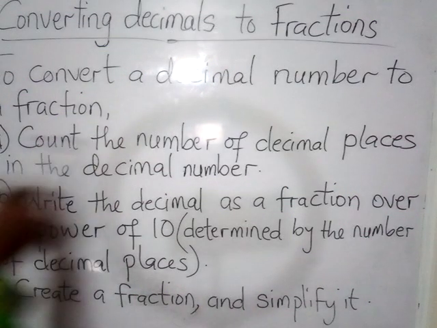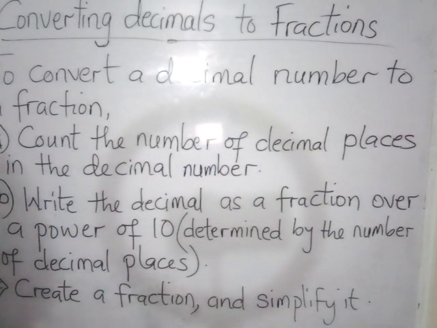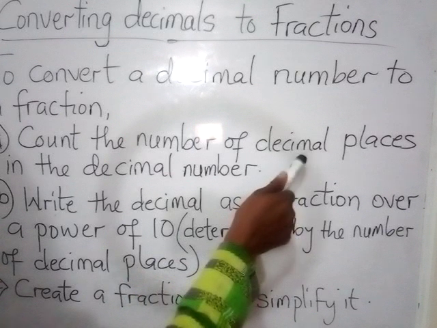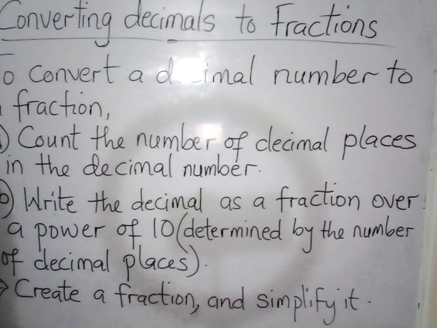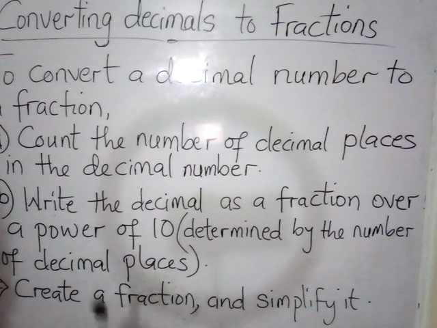First, you count the number of decimal places that are in that decimal number, because the number of decimal places that you have will determine the power of 10 you're going to introduce as your denominator. The denominator is going to be a power of 10 that is determined by the number of decimal places. So once you have figured that out, you use that to create a fraction.